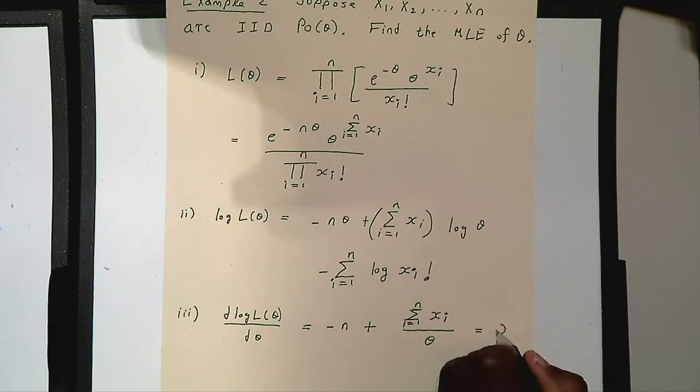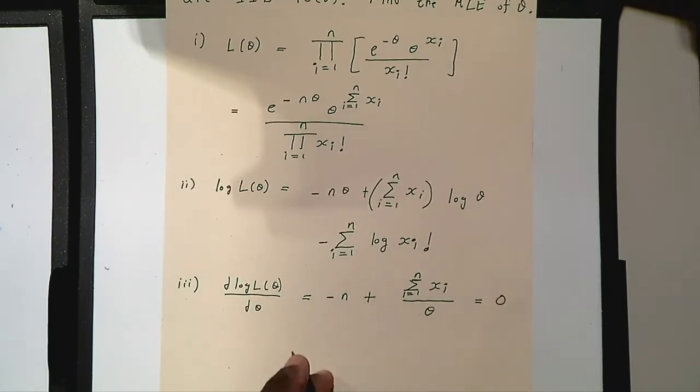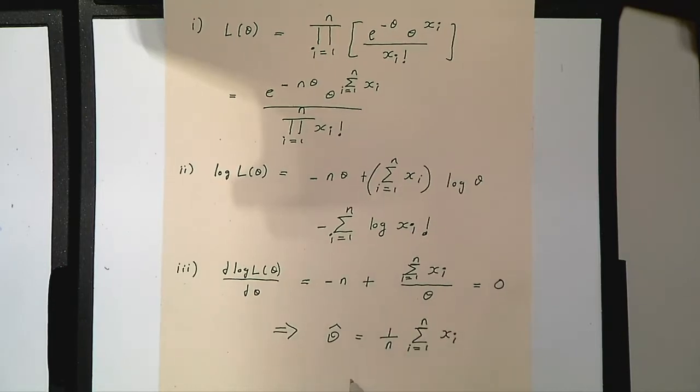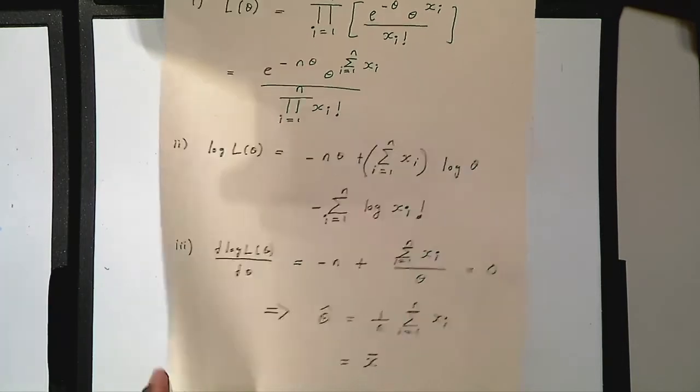And you set this to 0 and solve for theta. So if you solve this for theta, you get theta hat equal to 1 over n times the sum of xi, which I'm sure all of you know is the sample mean, right? So theta hat is the sample mean.